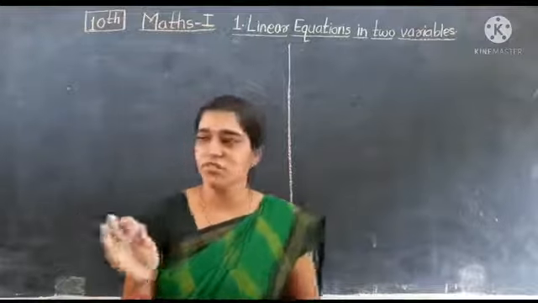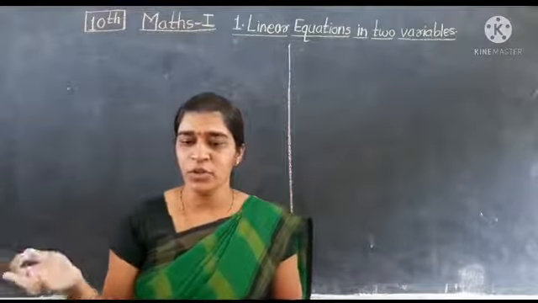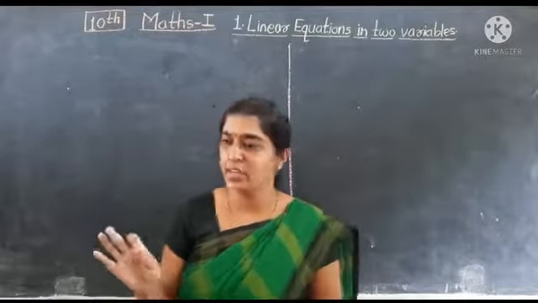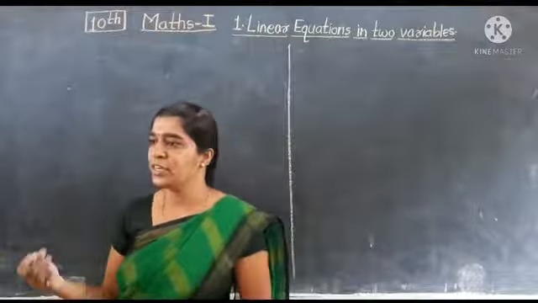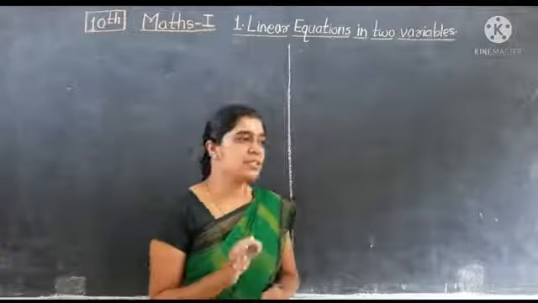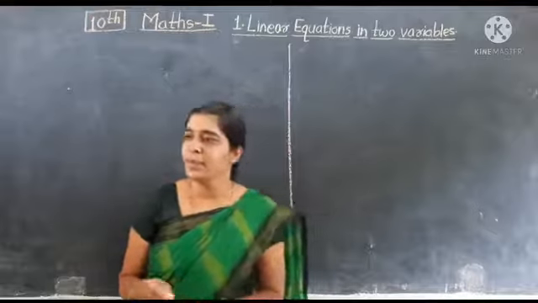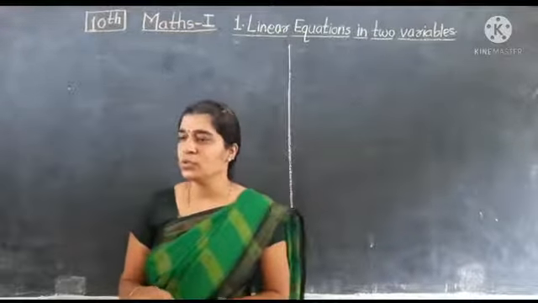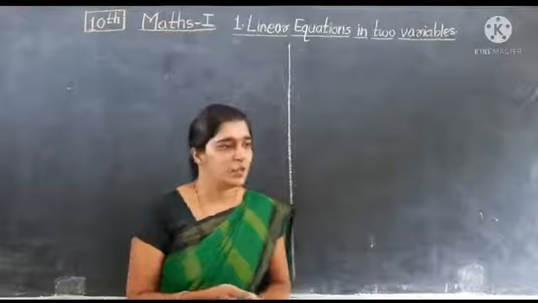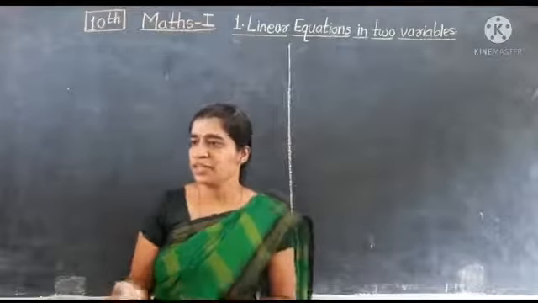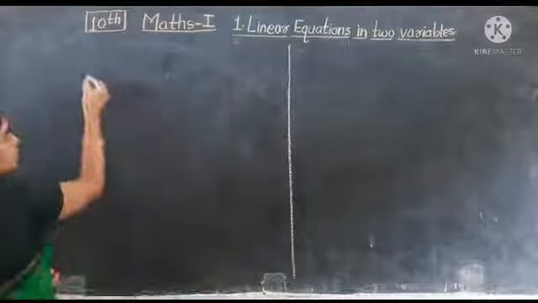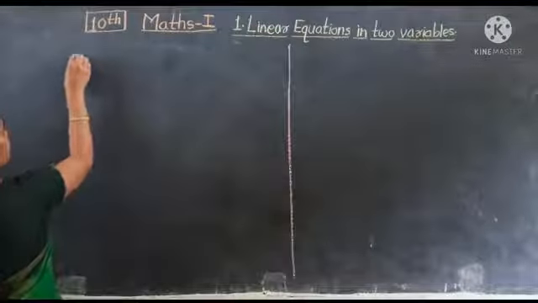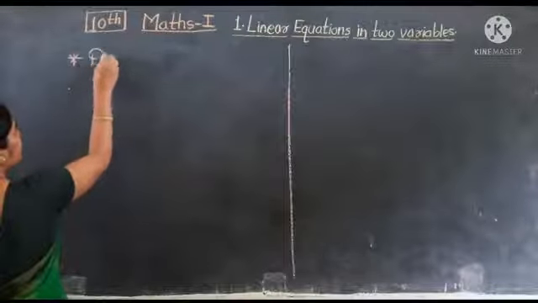This method was first introduced by the mathematician Cramer, so it is also called Cramer's method. How to solve simultaneous equations using the determinant method or Cramer's method, we will see in this point.